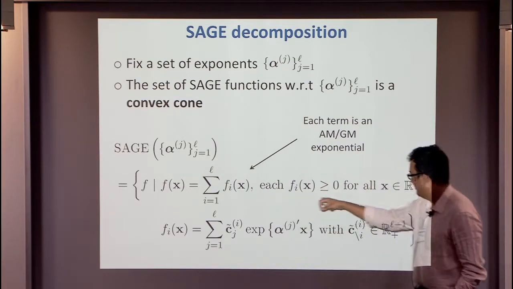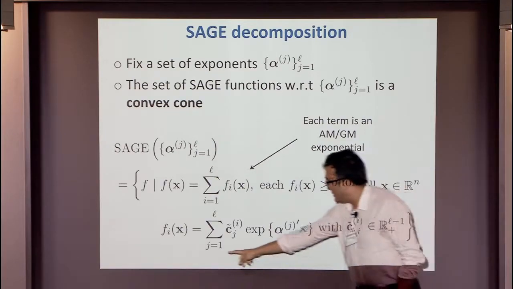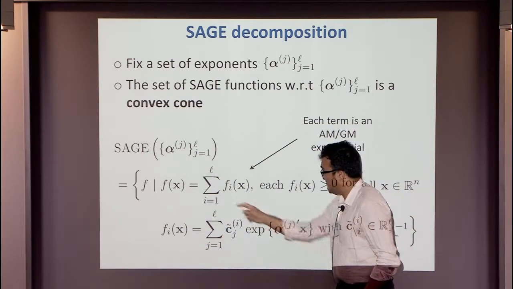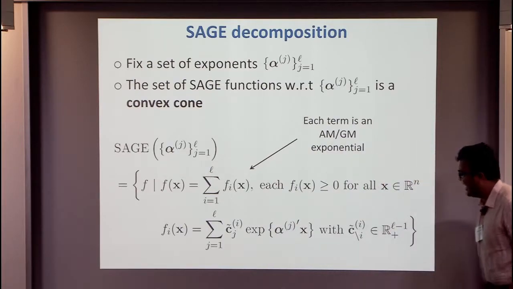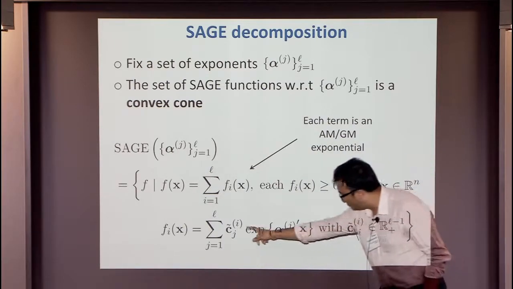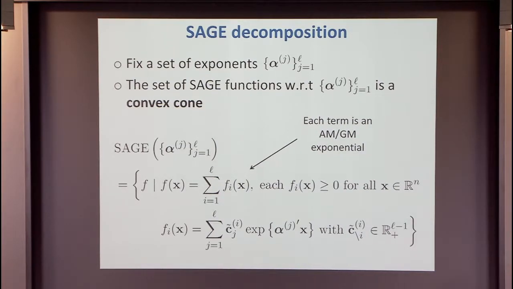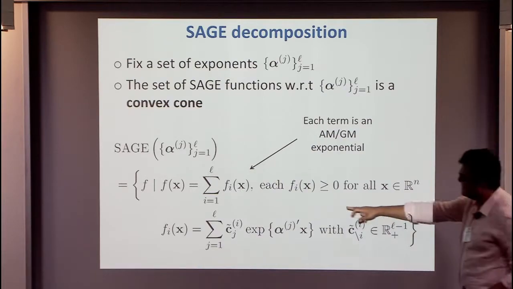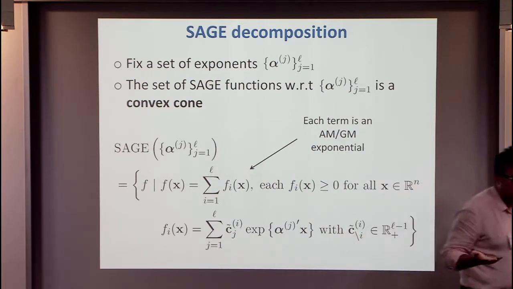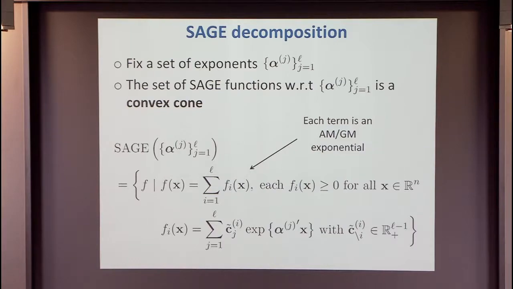Each f_i is globally non-negative, and it is also written in terms of those exponentials. With the exception of the ith coefficient, everything else must be positive. So this answers your question: when we define SAGE functions, we do it with respect to a set of exponentials. And each of these f_i's can now be certified to be globally non-negative in an effective way via relative entropy.